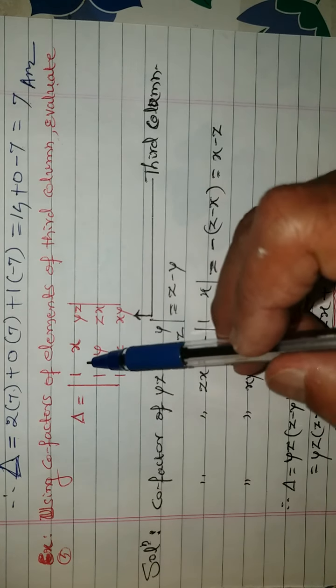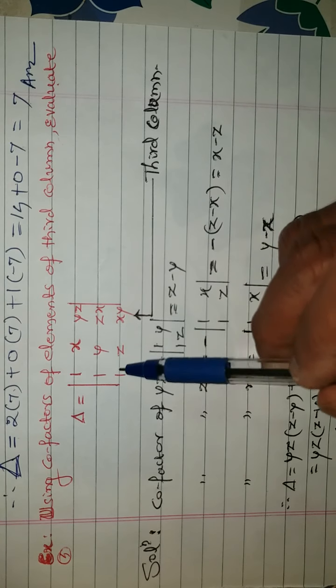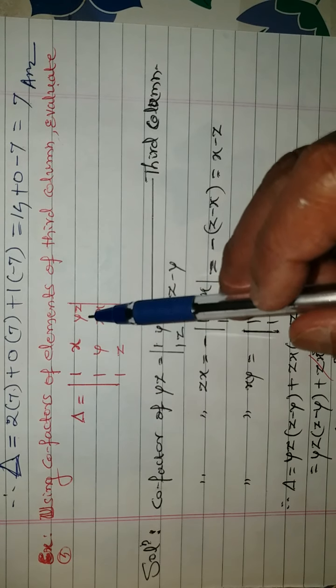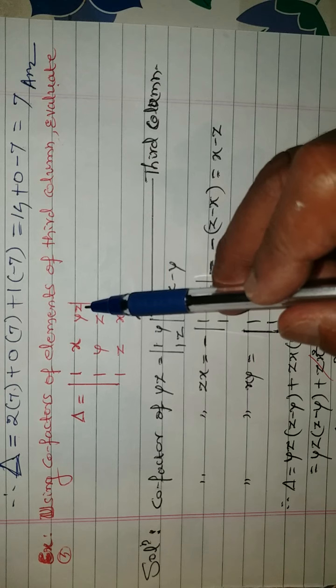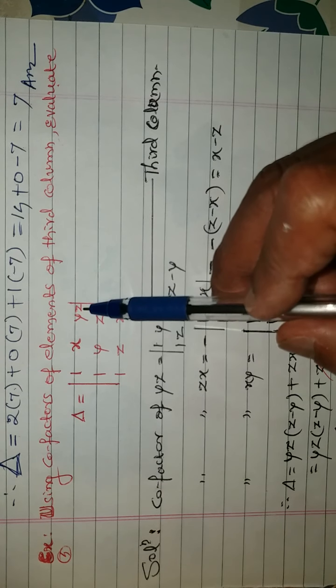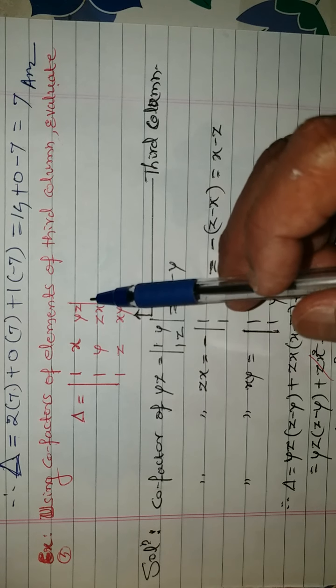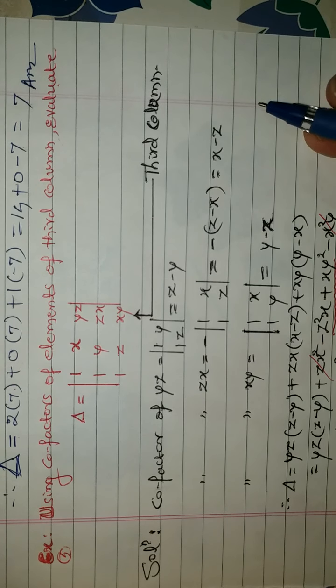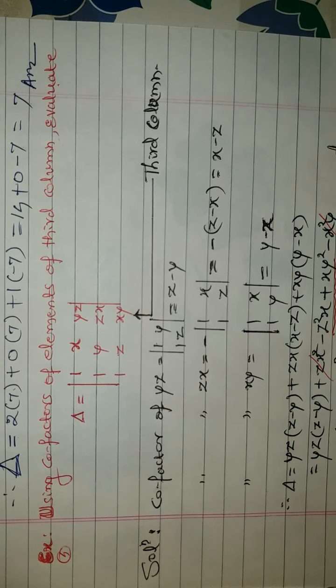Then first row, second row, third row. The first element of the third column is yz here. Alphabetical values are given here.